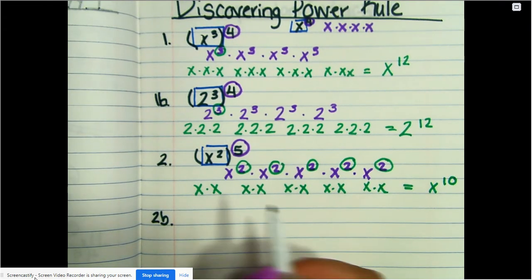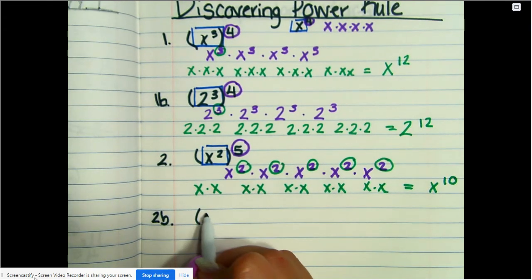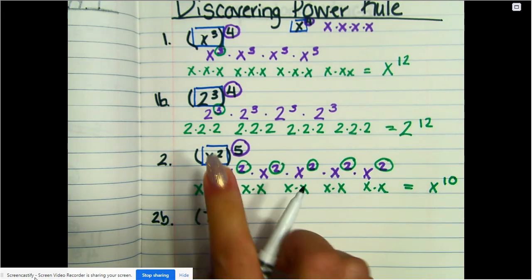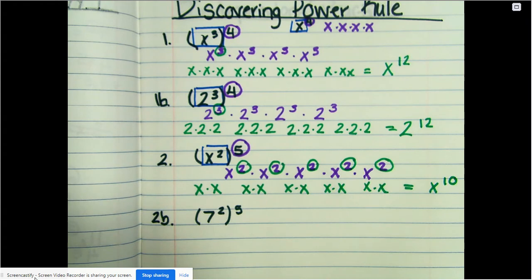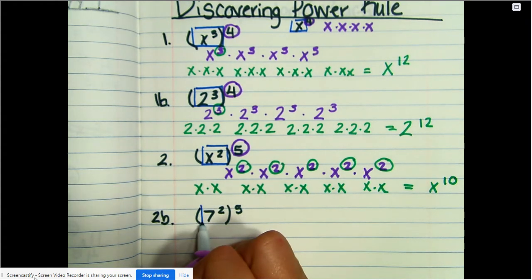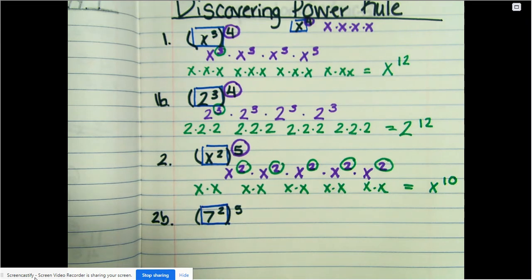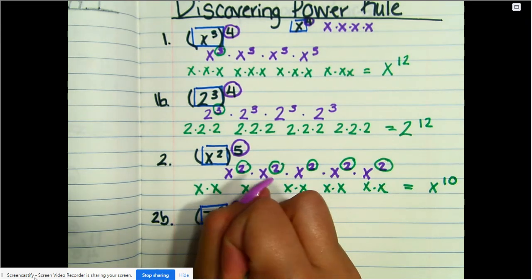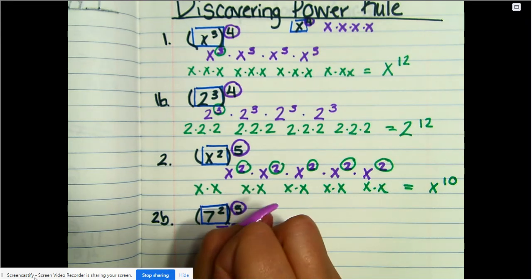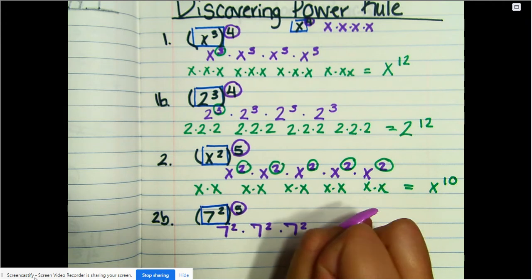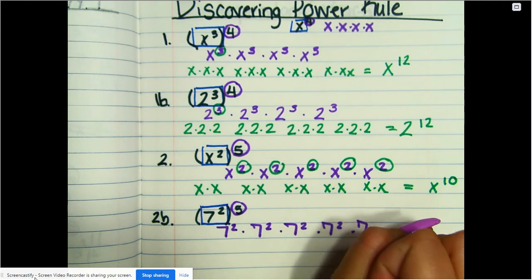Okay, so the next one, let's have 7 to the second power to the 5th power. Okay, same concept as above, but now we're just going to have my base have a number and an exponent too. So again, same concept. 7 to my second power is my base. 5 is your exponent. So you're writing out 7 to the second power 5 times. 3, 4, 5.